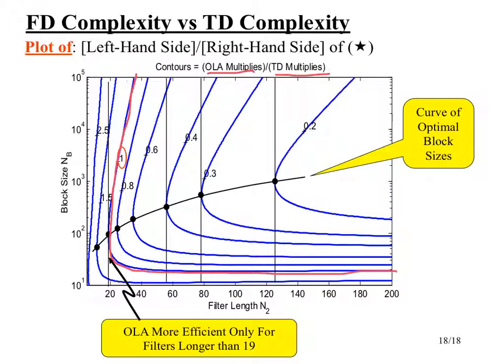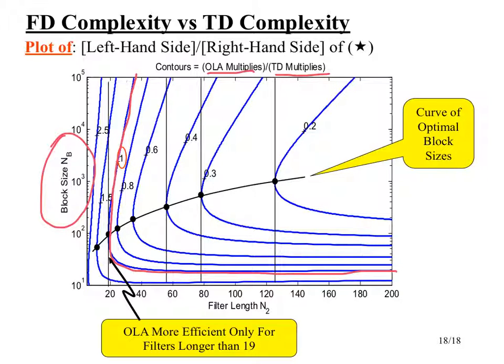One thing that we notice is that we can always choose a block size big enough to get into numbers that are less than 1, as long as the filter length is about 19 or more.